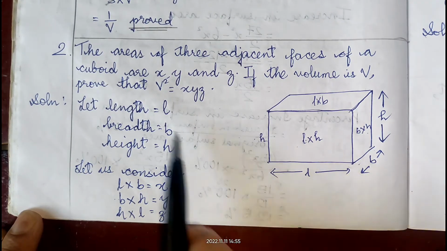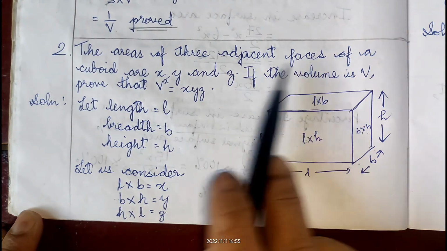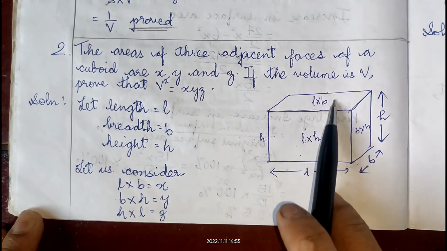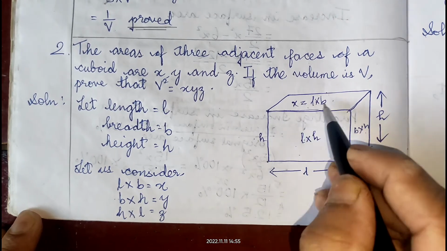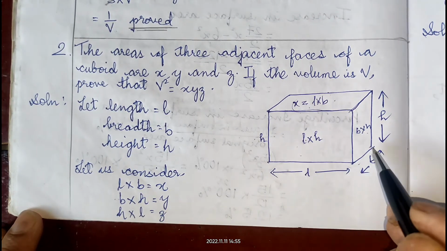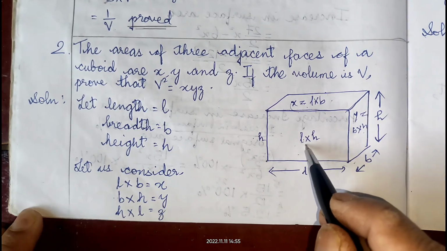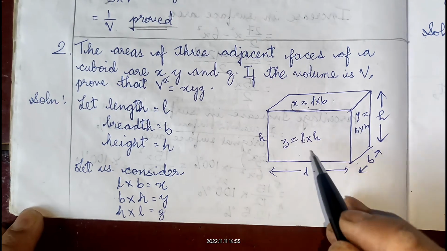Now as given in the question, areas of 3 adjacent faces of a cuboid are X, Y, Z. So we can consider, suppose L into B is equal to X. B into H, suppose this part is Y. And L into H, this part is suppose Z. Clear?